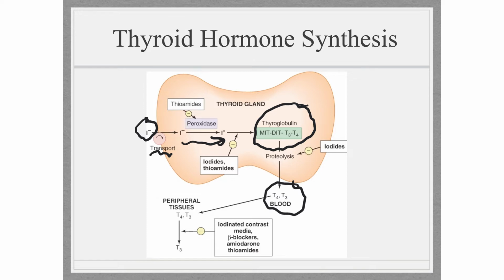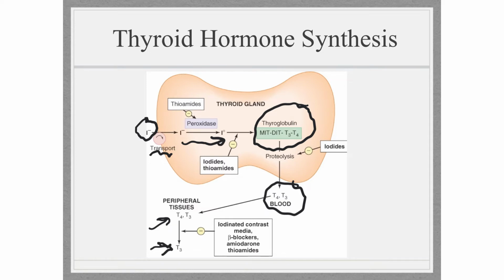T3 and T4 will make their way out into the peripheral tissues, and different substances will eventually modify these into T3, which has the most biologic activity in the human body. Certain things can interrupt this conversion of T4 to T3, like beta blockers or cardiac medications.